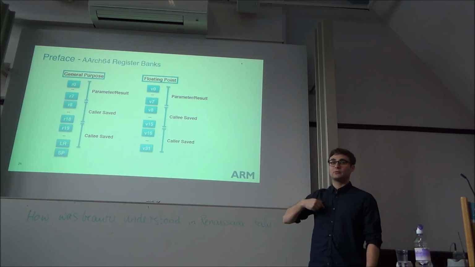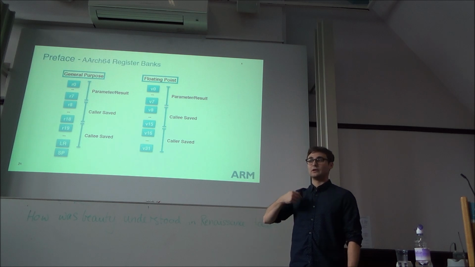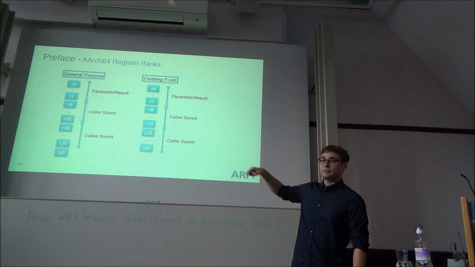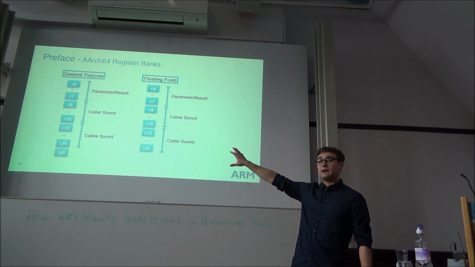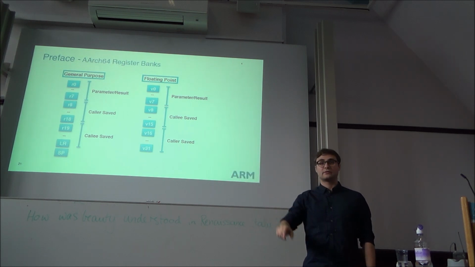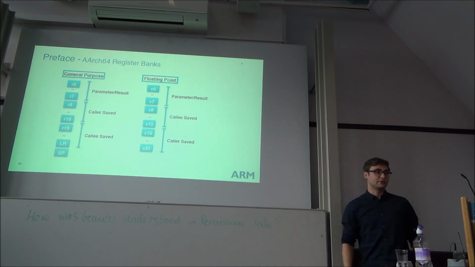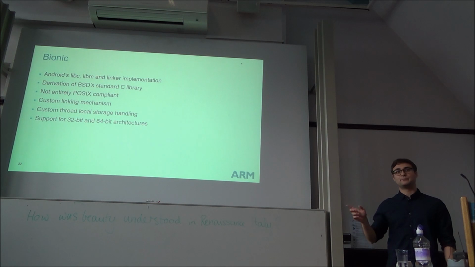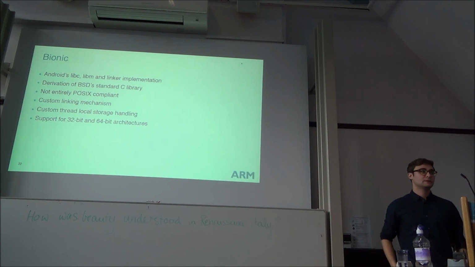For example, if I would call Ed, I would be the caller and Ed would be the callee. So my responsibility would be, if I have live values in those registers, to save the caller ones, whereas Ed will save the callee registers if he uses them. I presented a bit on that because I'll be mentioning those registers in the following slides.